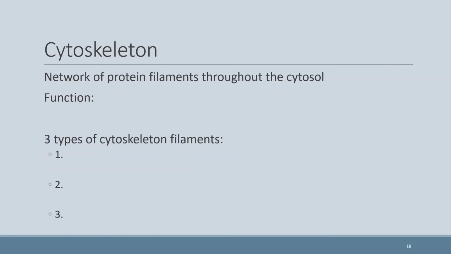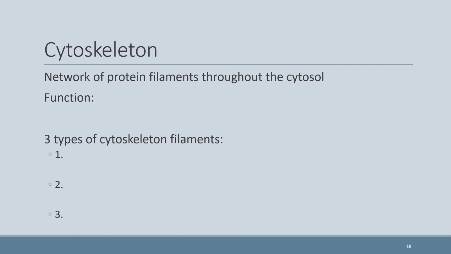Okay, so the cytoskeleton is a network of protein filaments that are found throughout the cytosol, and the function of the cytoskeleton is to maintain and change cell shape and produce cell movements. So again, some of our cells will need to have kind of like a transportation type of method, and the cytoskeleton can allow for this to occur.